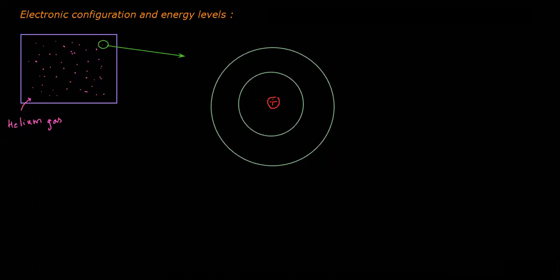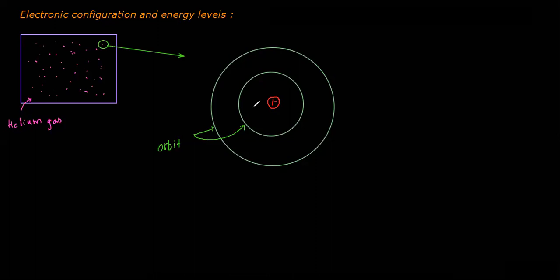So let's say this is the positive charge, this is the nucleus, and the electrons are revolving around this orbit. This is the first and this is the second orbit.